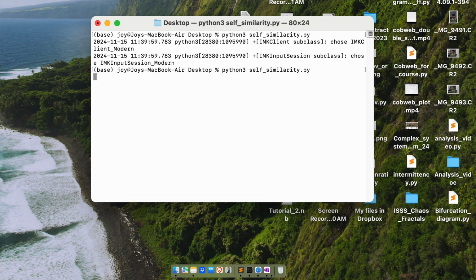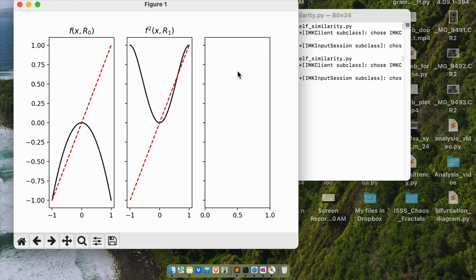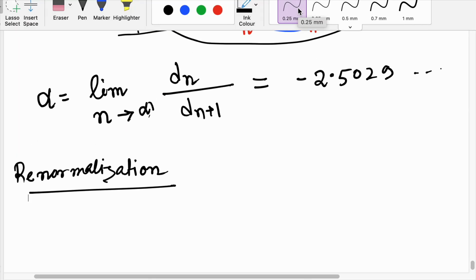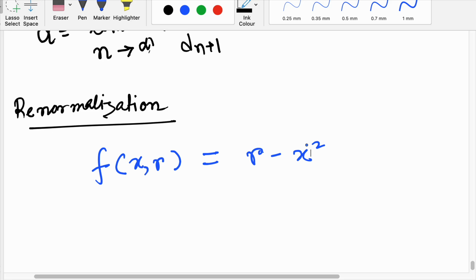So here I am using a map, f(x, r) = r - x^2.